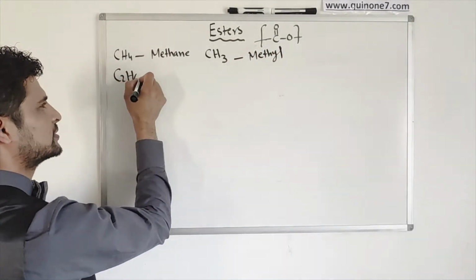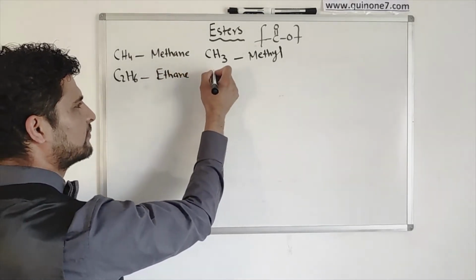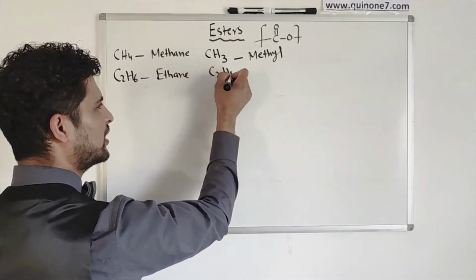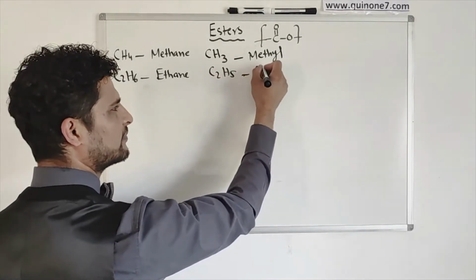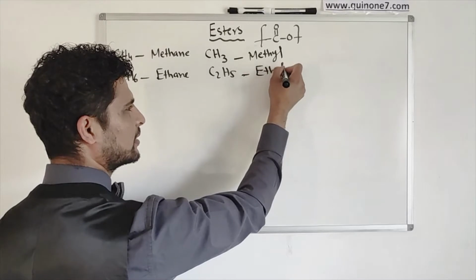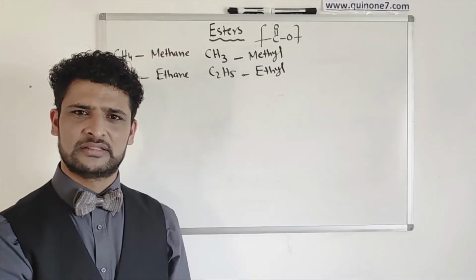Ethane, C2H6, if you remove one hydrogen, will become C2H5, and that will be known as ethyl. So again, methyl, ethyl, propyl.